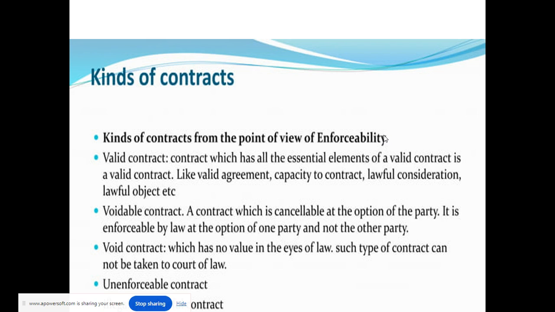What are the cases? If a person promises to do something for another person for a consideration, but the other person prevents him from doing so, then the contract becomes voidable at his option.